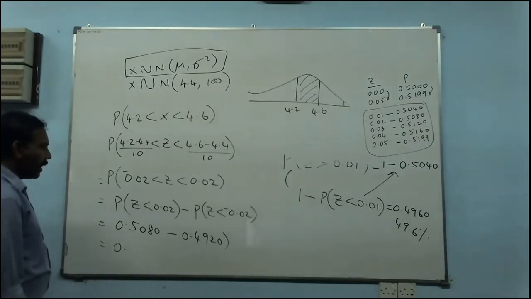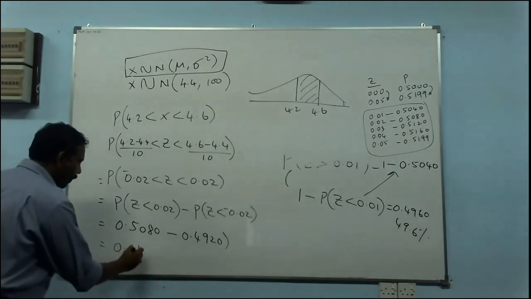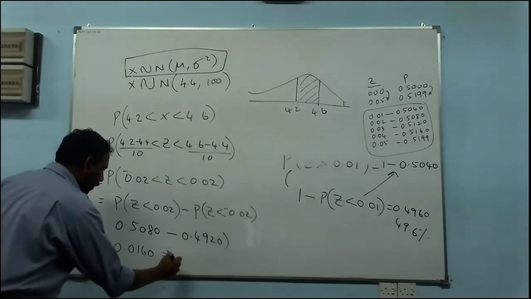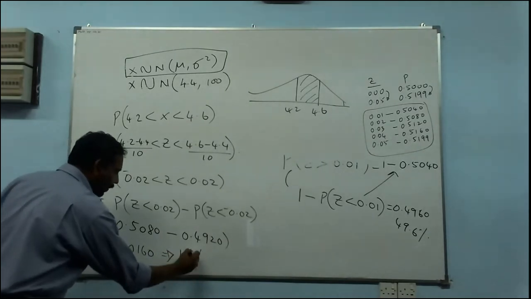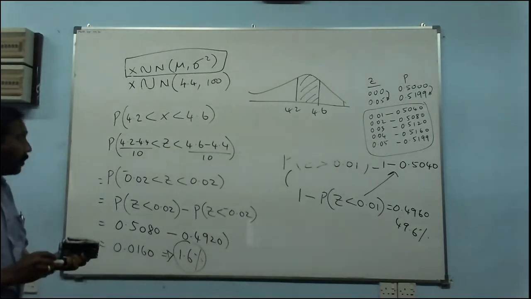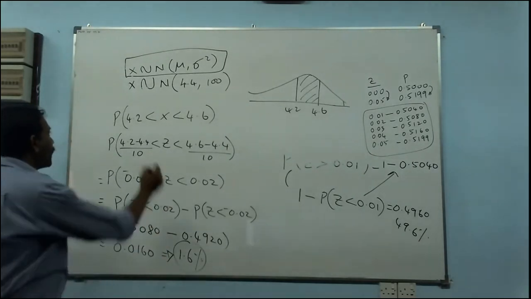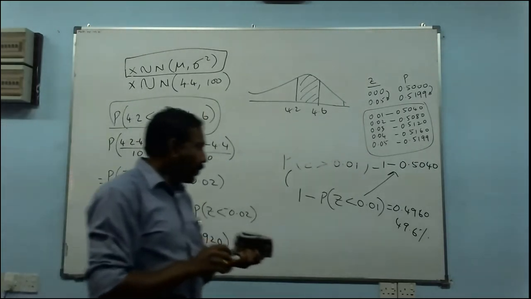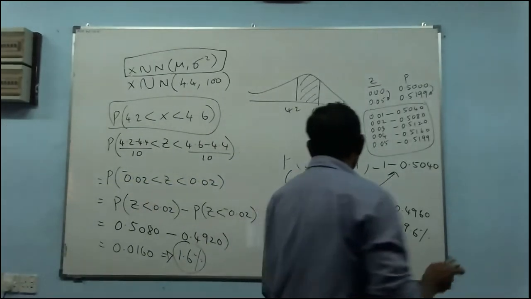Here we have 80, 80, 160. So roughly, only 1.6% of the farmers are falling into the category of yield in between 4.2 to 4.6 metric tons per hectare.